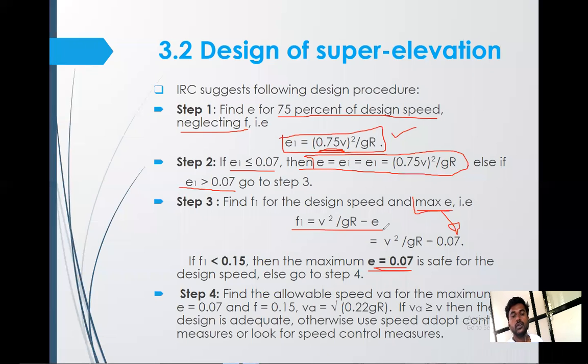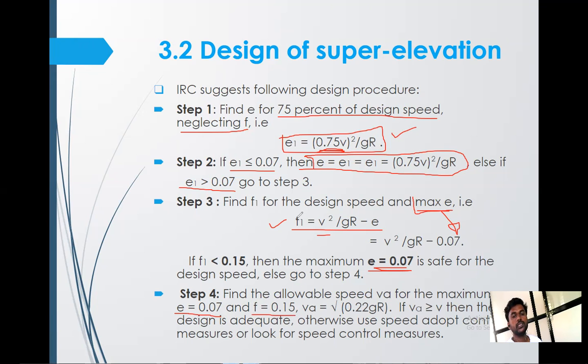But if F goes beyond 0.15 by calculating with this formula, if suppose we are taking E as 0.07 and F goes beyond 0.15, then we have to go for designing the velocity. That velocity is designed by keeping E equal to 0.07 and F equal to 0.15.